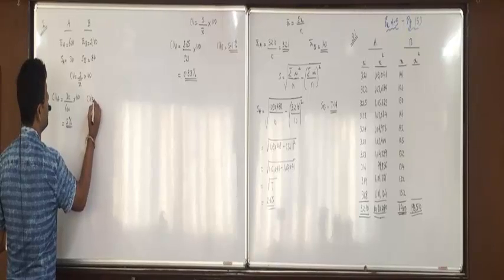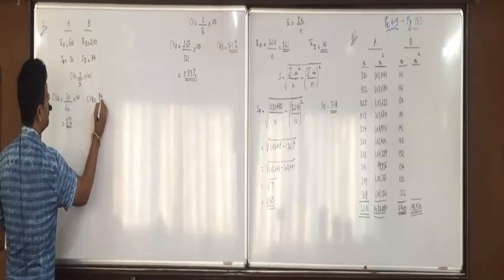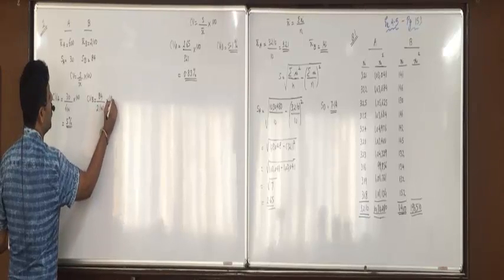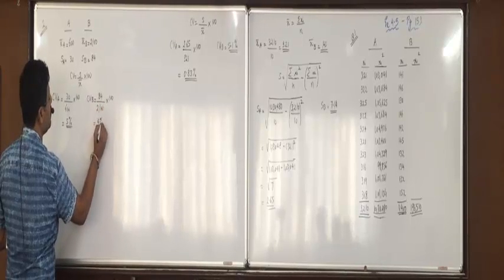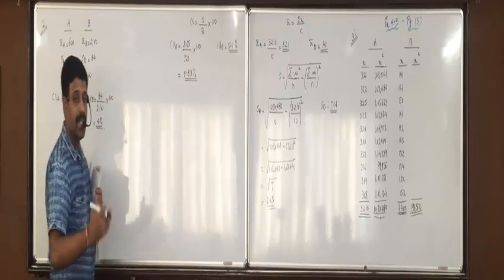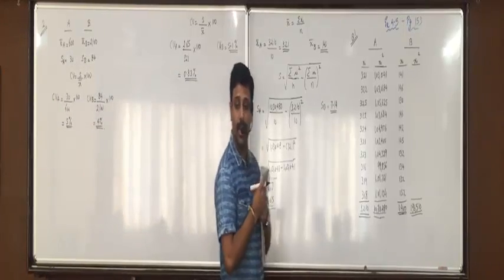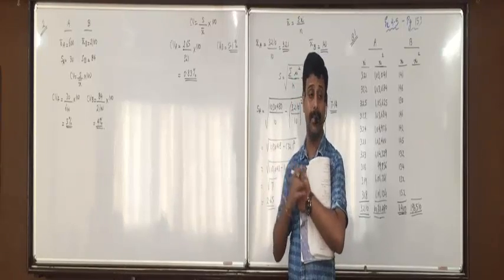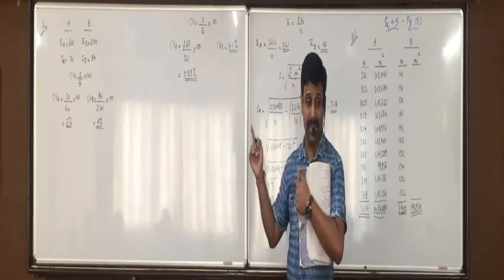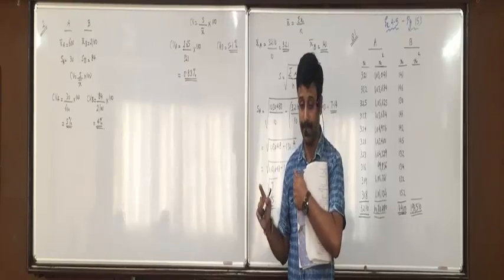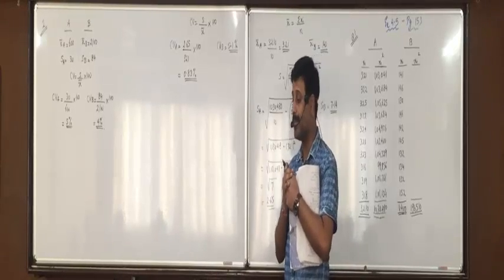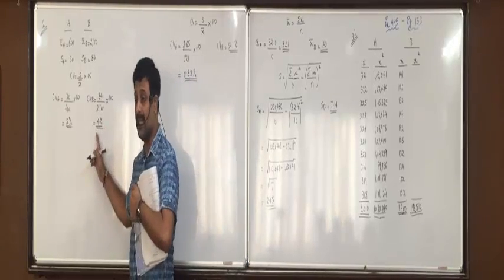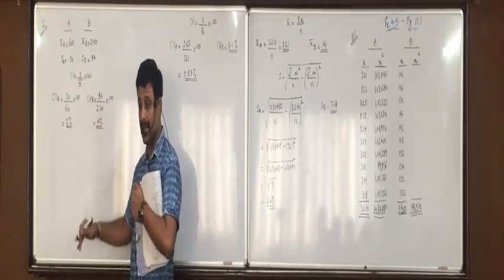CV of B: S 84 upon X bar 2100 into 100, 4%. As I said, it's a very small question. Did you understand this? So which company has more stable salary? B. Whosoever's CV is less, inverse relation. So below that you'll write, company B has more stable salary because its CV is less.